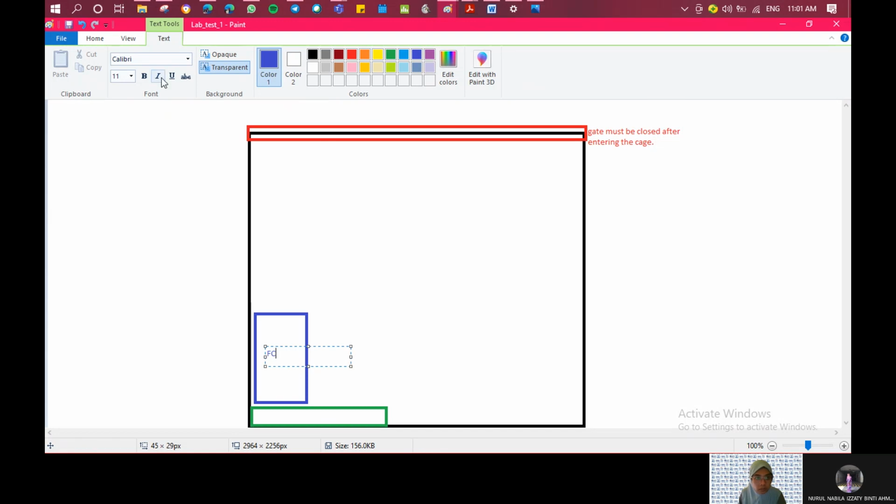The FC. Okay, FC. This is the thing mounted to the wall.